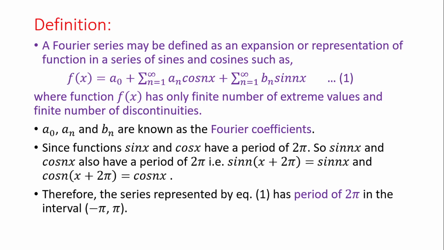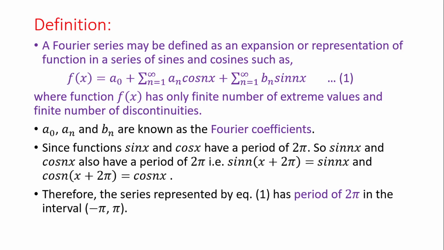It means the complete Fourier series shown by equation 1 has a period of 2 pi, since it is a series represented by sin nx and cos nx. So the Fourier series is a function which has a period of 2 pi in the interval minus pi to plus pi.